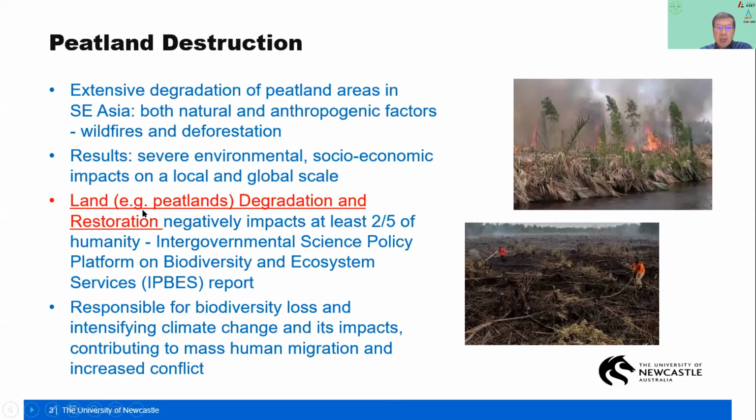Land degradation negatively impacts at least two-fifths of humanity, according to the IPBES report, the United Nations Intergovernmental Science-Policy Platform on Biodiversity and Ecosystem Services. It is responsible for biodiversity loss and intensifying climate change, contributing to mass human migration and increased conflict.